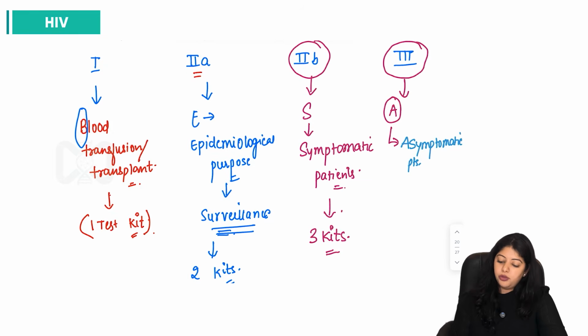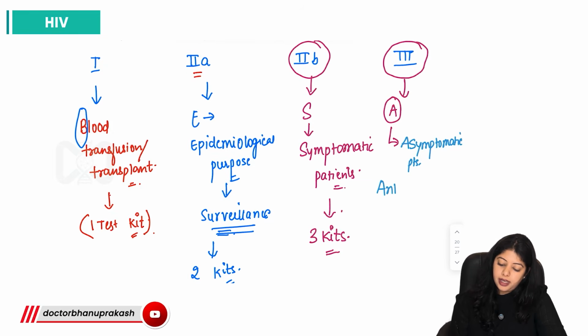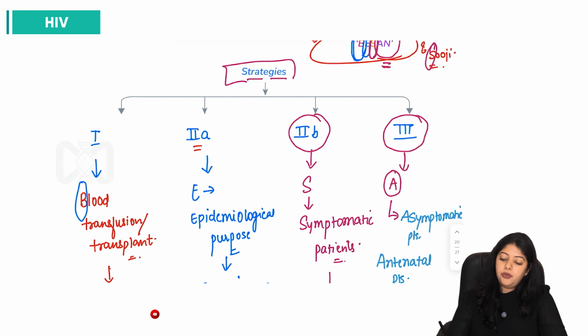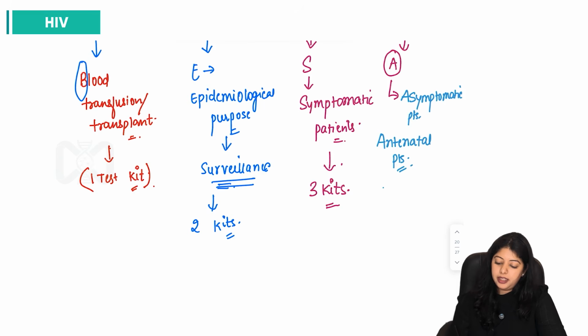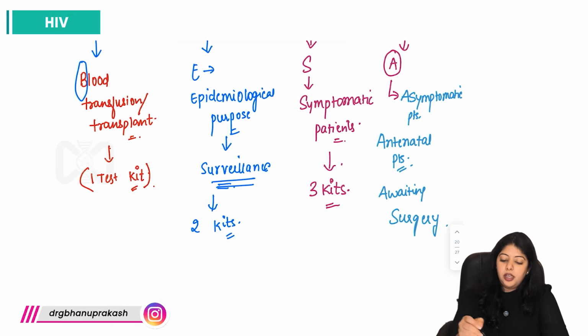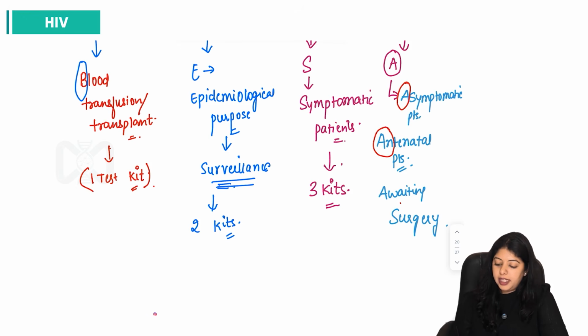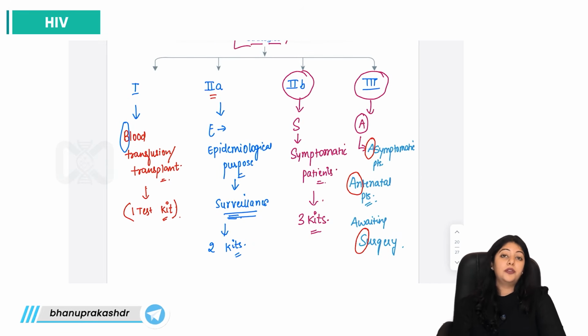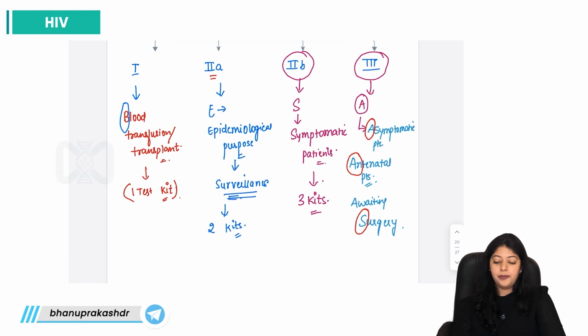Secondly, it will be used for antenatal cases, antenatal patients. And thirdly, it will be used for patients awaiting surgery. So have we used all the 3 letters, A, N and S?